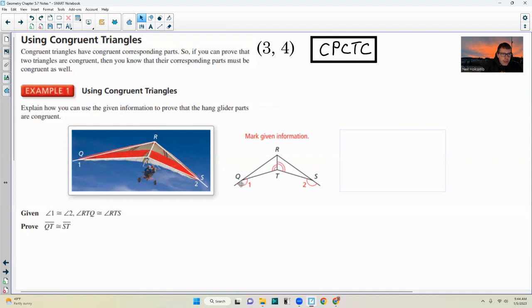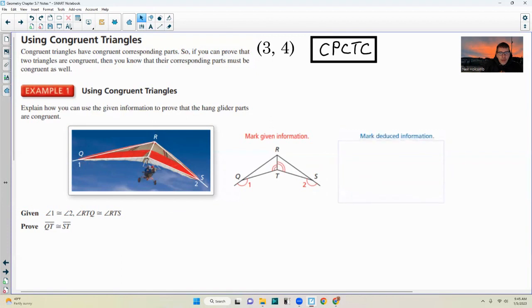Angle 1 is congruent to angle 2, so there are the congruent markers. And it says angle RTQ is congruent to RTS, so there are two congruent arcs showing those two angles are also congruent. We're trying to prove segment QT is congruent to segment ST.